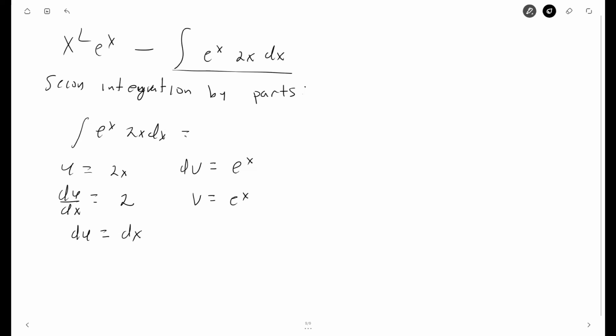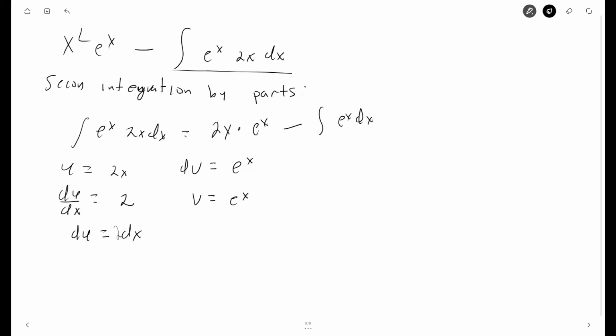That means that the integral is equal to 2x times v, which is e to the x, minus the integral of v du, which is e to the x times 2 dx.